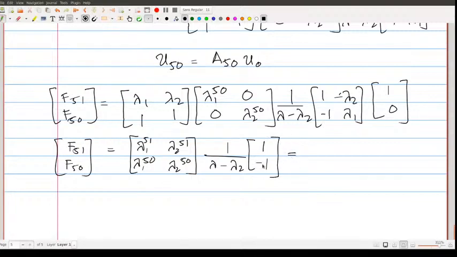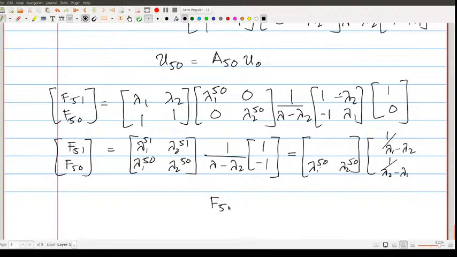And so now let's just find the second row of this entry. I don't need these two, I can ignore these, and this is just 1 over lambda 1 minus lambda 2. This is 1 over lambda 2 minus lambda 1, and this is lambda 1 to the 50 and lambda 2 to the 50.